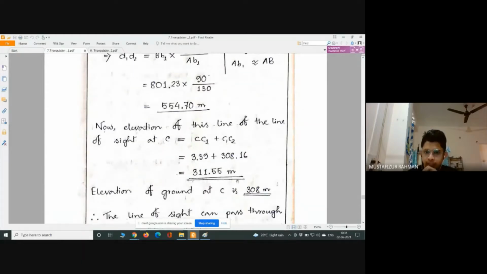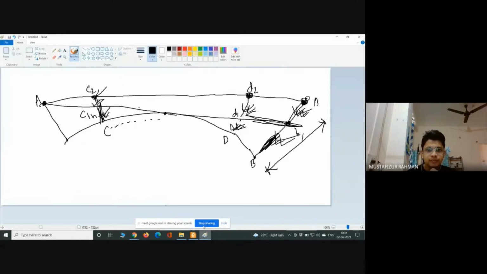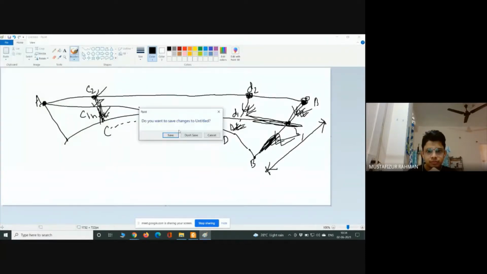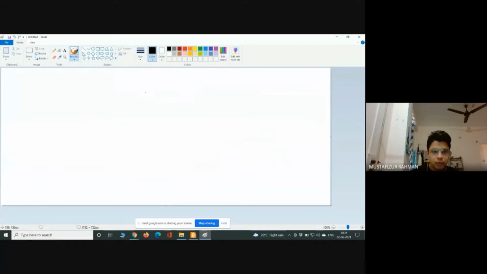Okay, we are adding them, and we saw that elevation of ground is 308 meter. This is given in the question. RL of C point is 308 meter, and the RL of the line of sight is 311 meter. All right. At C point, it is like this. C point, 308 meter.